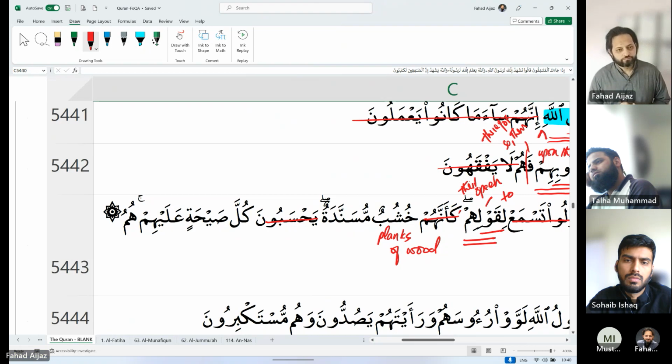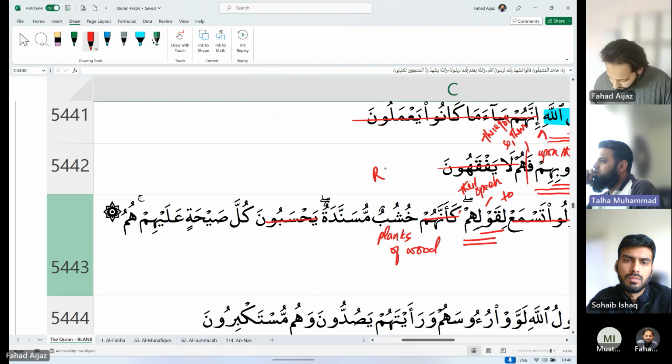Now, can you give me 4 properties of khushubun? Rafa, single, masculine, common. Okay, I'll write everything that you say. Now rethink the 4 properties again and see if there is something that could change.